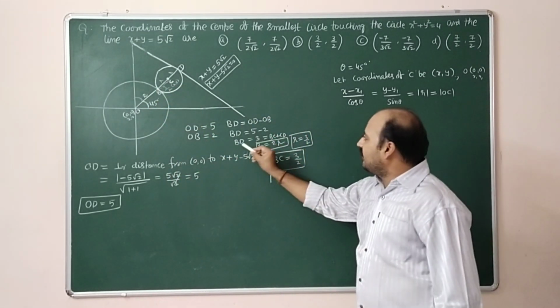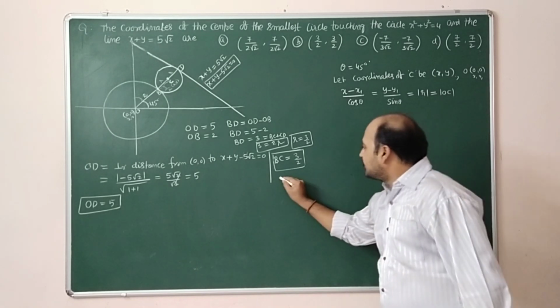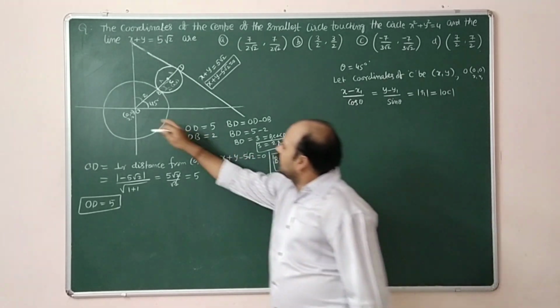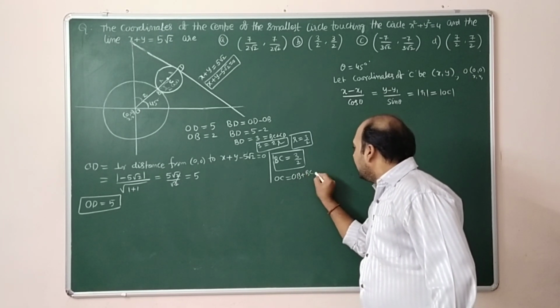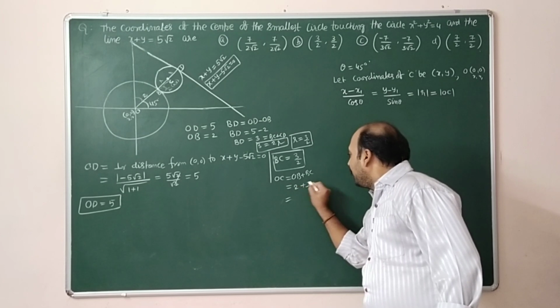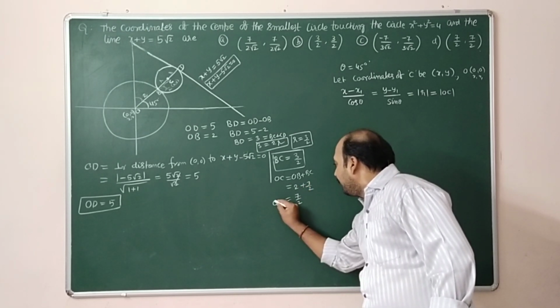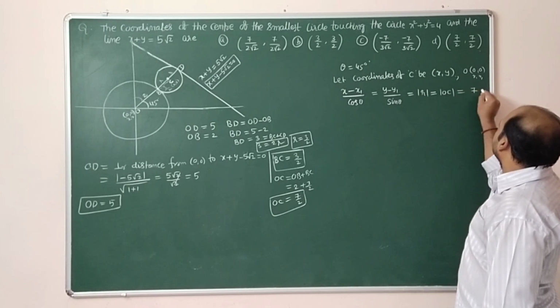OB plus BC. OB value we got from here, BC is 3 by 2. So OC is equal to OB plus BC, OB is equal to 2 plus BC is 3 by 2. 2 into 2 is 4 plus 3, 7, so 7 by 2. Observe carefully, this is a conceptual question. So OC value is 7 by 2.